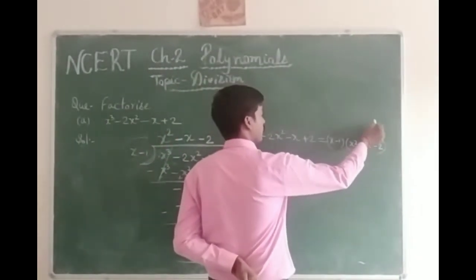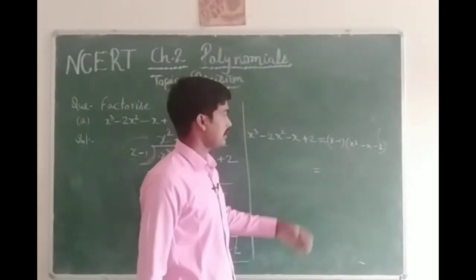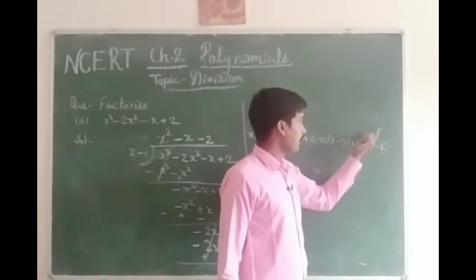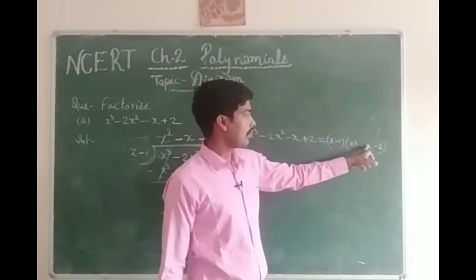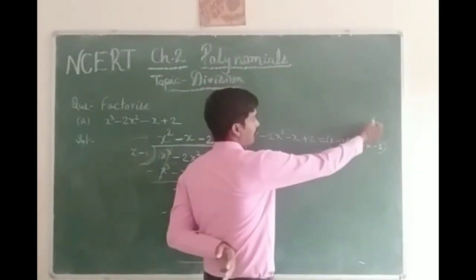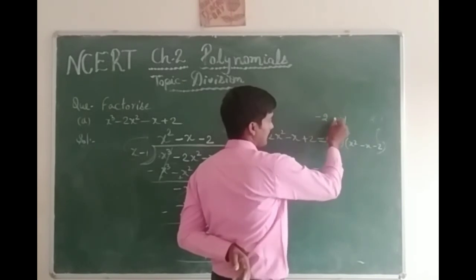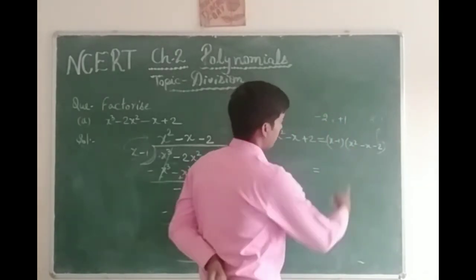So this one is 2, so the factors are 2 and 1. Now we choose numbers such that if we multiply then we get minus 2 and when we add we get minus 1. So if we choose minus 2 and plus 1, when we multiply these numbers we get minus 2 and when we add we get minus 1.